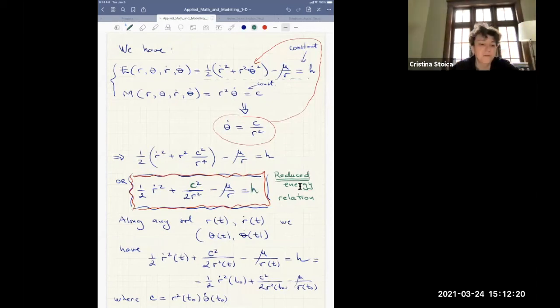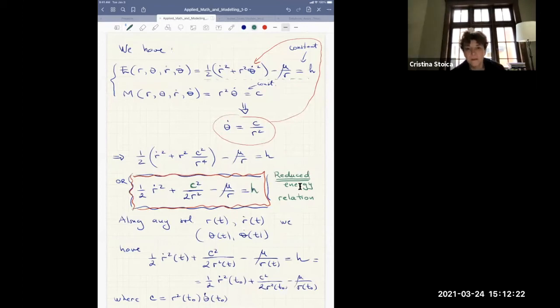So it's called reduced because from how many arguments we had here, 1, 2, 3, 4, in this case we have an E that depends only on r and r dot.